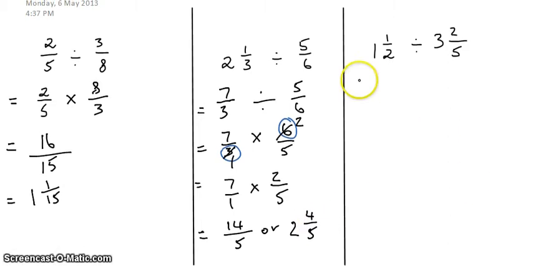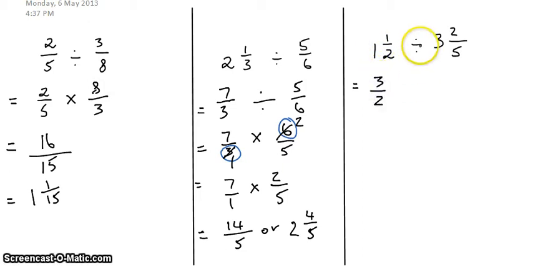Alright, our last example here has mixed number fractions. So we need to turn our mixed number fractions into improper fractions. 2 times 1 is 2, add 1 is 3.